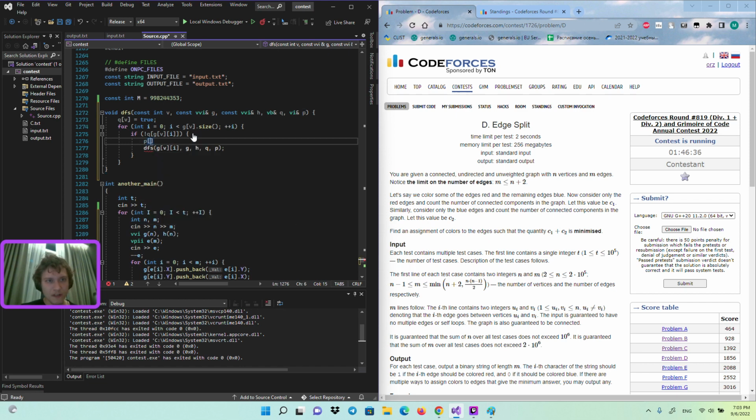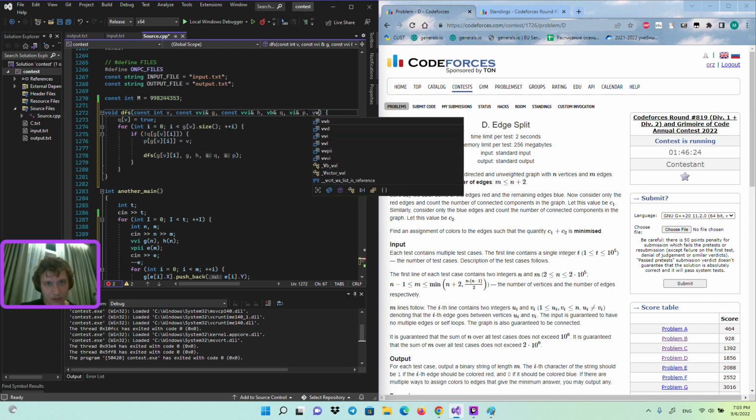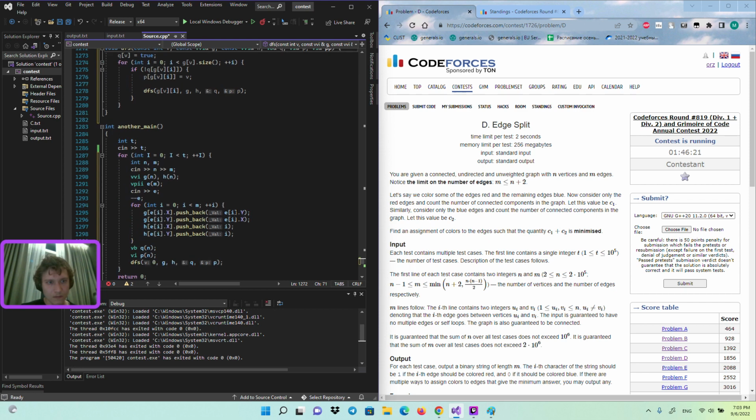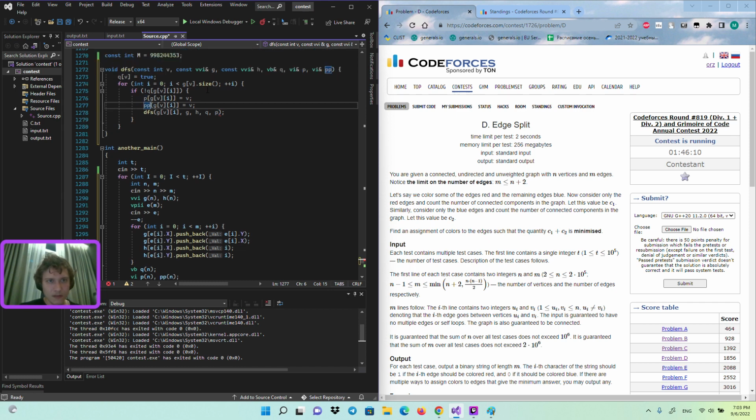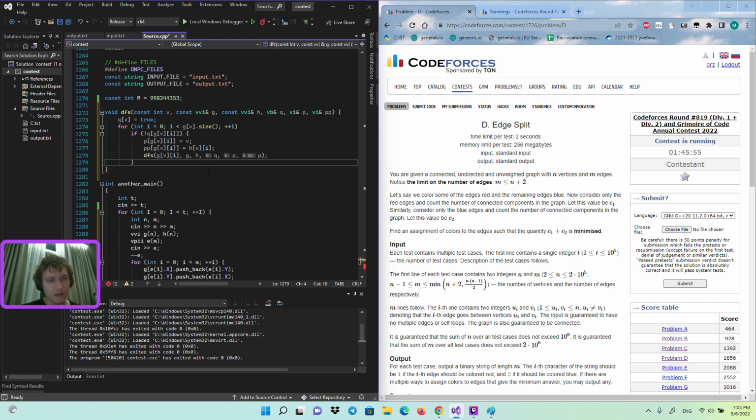Also, we say that p of this vertex is v, and also I want to find the number of the edge. So the number of the edge is like h, and then we run DFS of the same. Yes, I think it's okay.